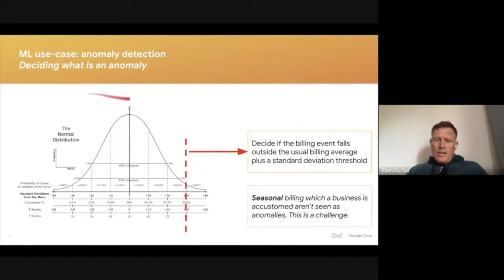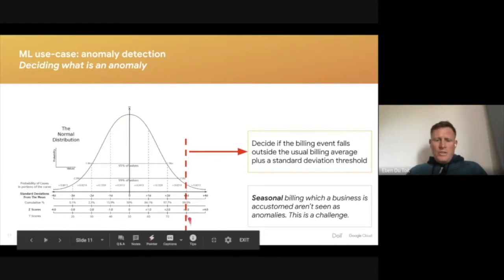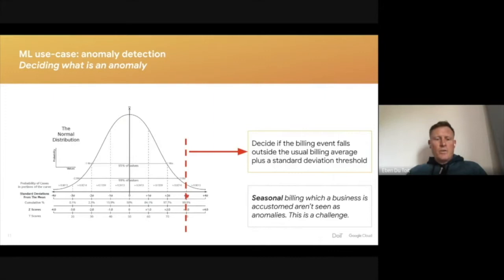And you can decide if an average billing event falls beyond this line, which is 3 standard deviations away from the average. You can decide that this is a tolerance that you would like to flag on, and then decide, okay, that's going to be my first threshold.